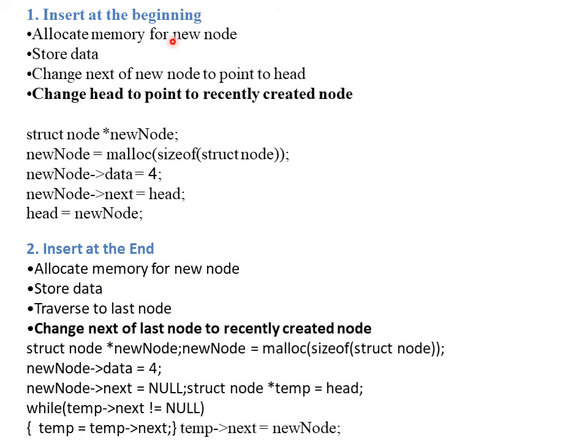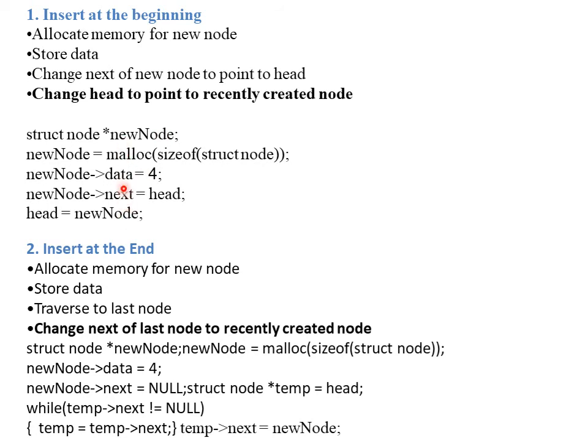See here how it will begin. Inserting at the beginning: allocate the memory for a new node, that means using dynamic memory allocation. Here you can see I have used malloc, then store the data, change next of the new node to point to head, and change head to point to the recently created node.